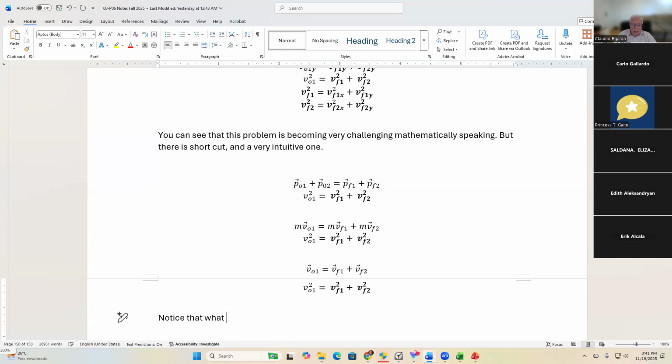Notice that what you see in the second equation is just the Pythagorean theorem in a different format, with different variables.